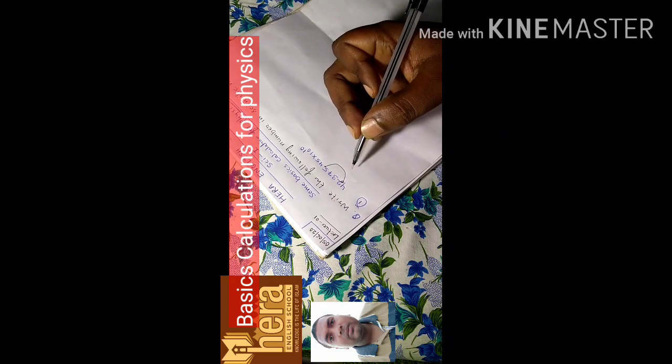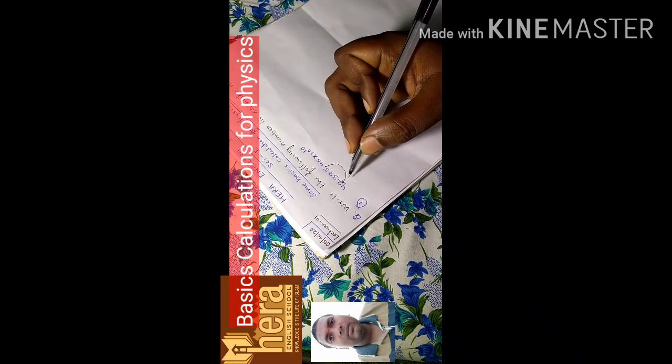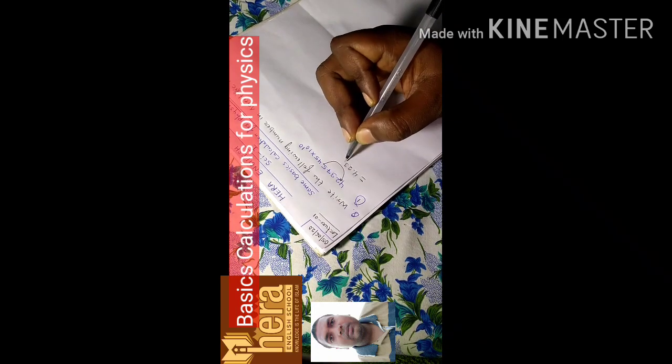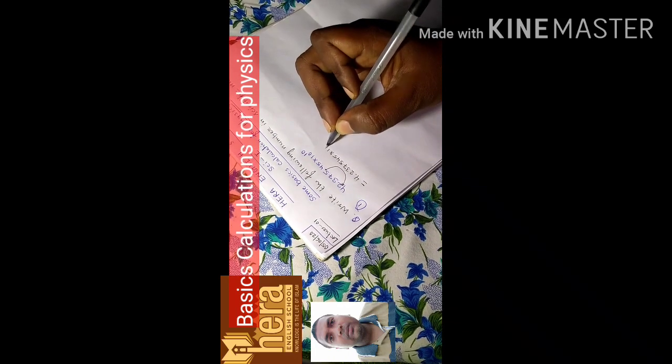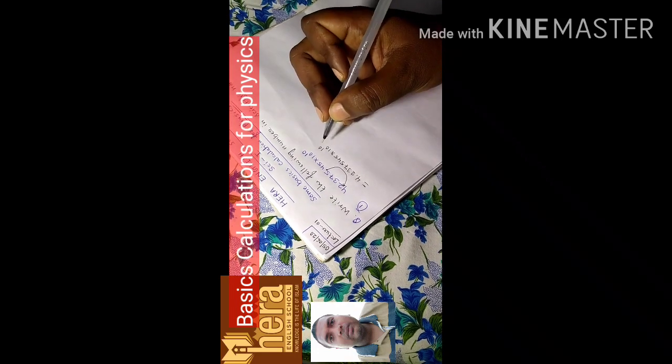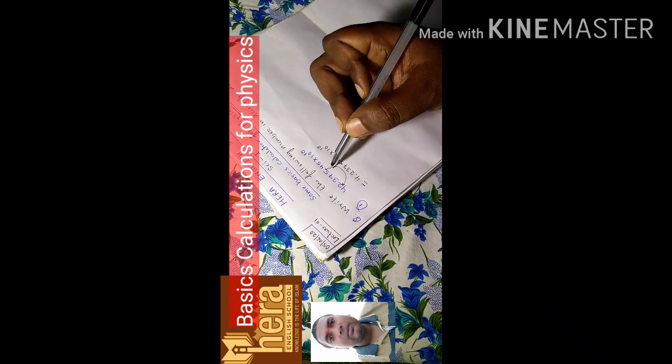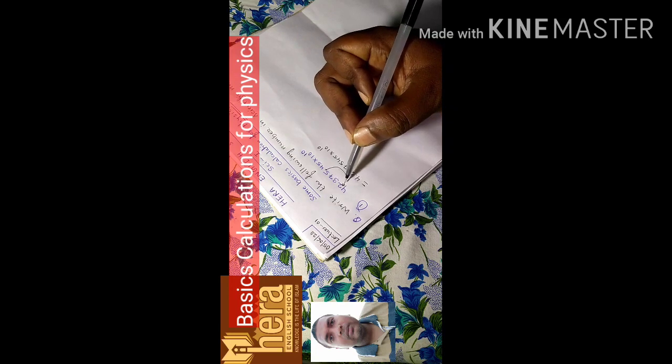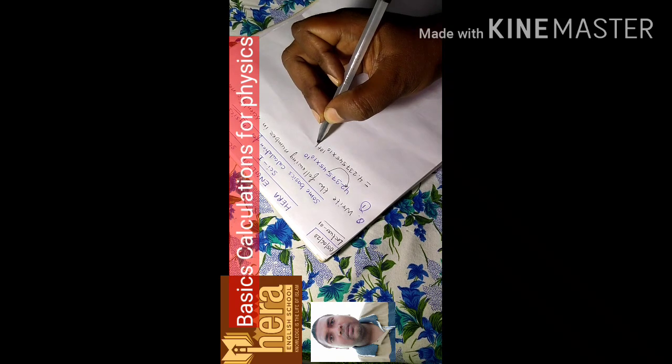So I will tell you how you have to do it. This will be equal to, write the number 4.237545 into 10 raised to 10. Now you have to count the digits: 1, 2, 3, 4. 4 digits, so you have to add plus 4.